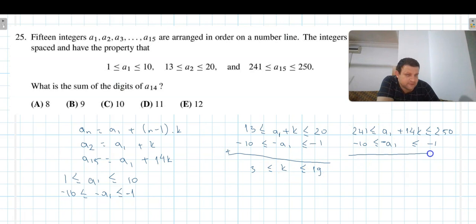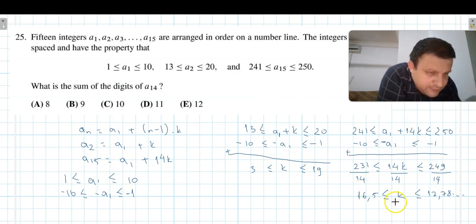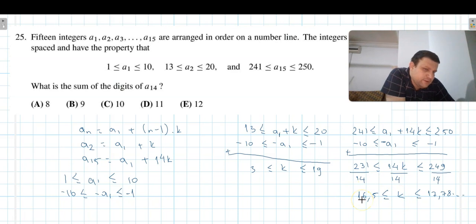Let's look at the second case. Let me draw this one nicer. 231, the A1s cancel out, 14K, 249. Let's divide both sides by 14. When we do this, we find that K is going to be between 16.5 and 17.78.